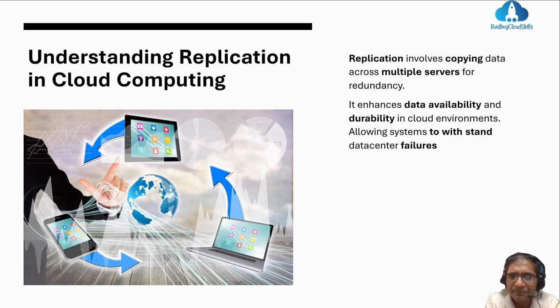The simplest example today could be your Google Drive or OneDrive. If you configure Google Drive on multiple laptops, it will sync the data between the laptops, and you can access it from any of your laptops, right? So it's an example of data being replicated across your two laptops and the cloud. That's the simplest example I can think of.